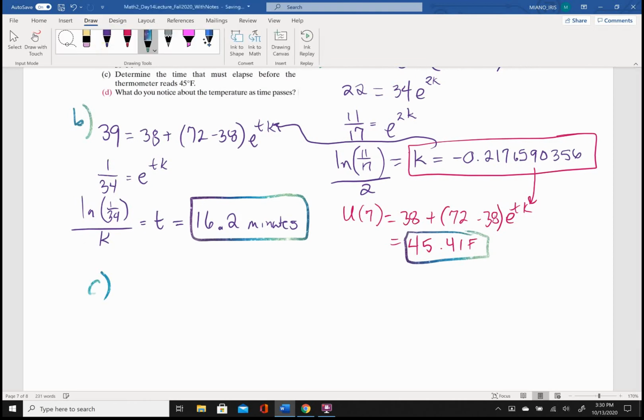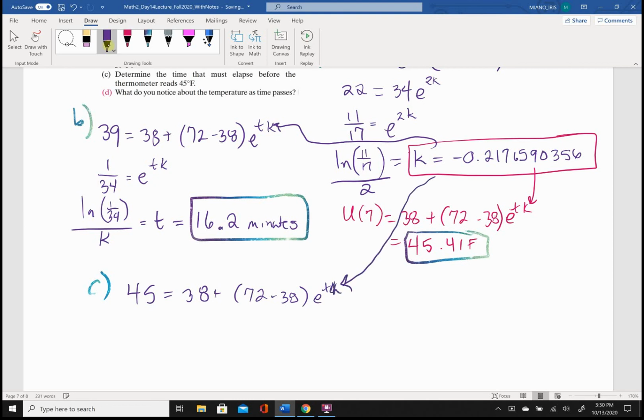We need to answer part C here, which is to determine the time that must elapse before the thermometer reads 45 degrees Fahrenheit. So that'll look like this. Now we have 45 equal to 38 plus (72 minus 38) e to the kt. Remember, we're using the same k value there.